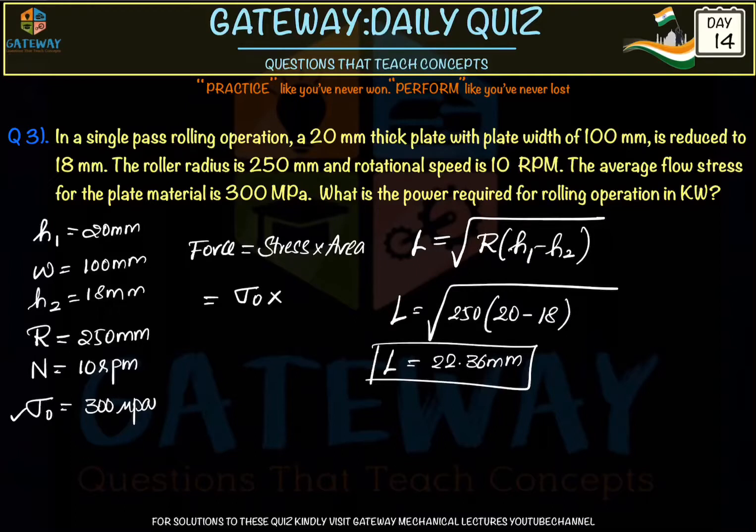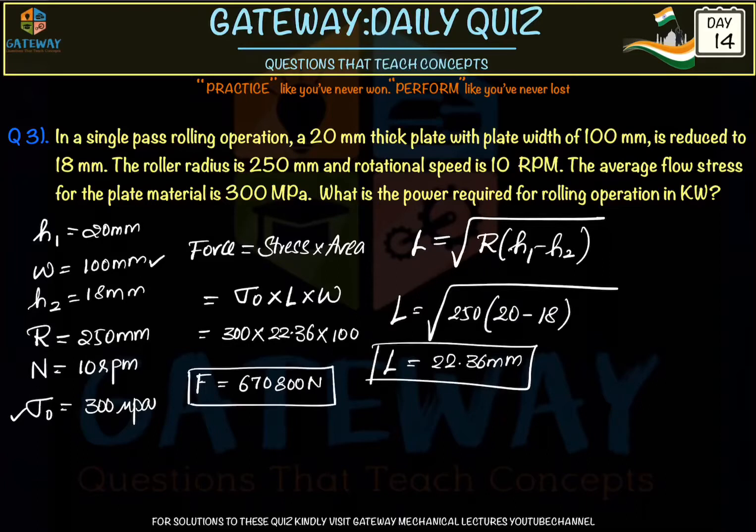Sigma naught into area is the contact length L into the width of the workpiece, nothing but the width of the roller there, and it is given in the question as 100 mm, and sigma naught is given in the question as 300 megapascals, into the contact length we obtained is 22.36, into the width given in the question as 100, and from here our force comes out to be 670,800 newtons, close to this.